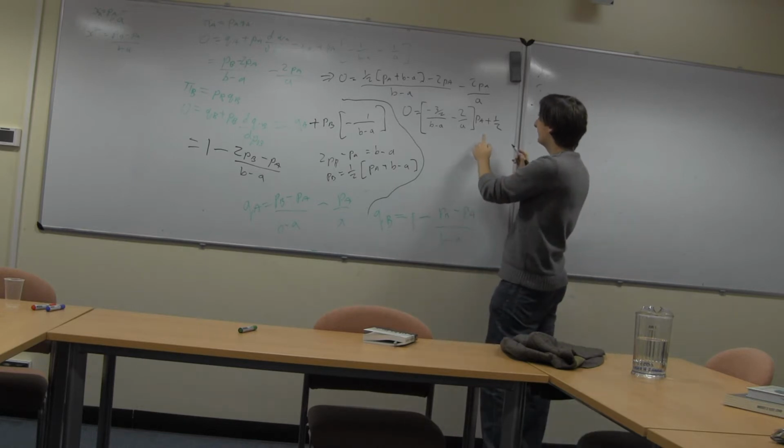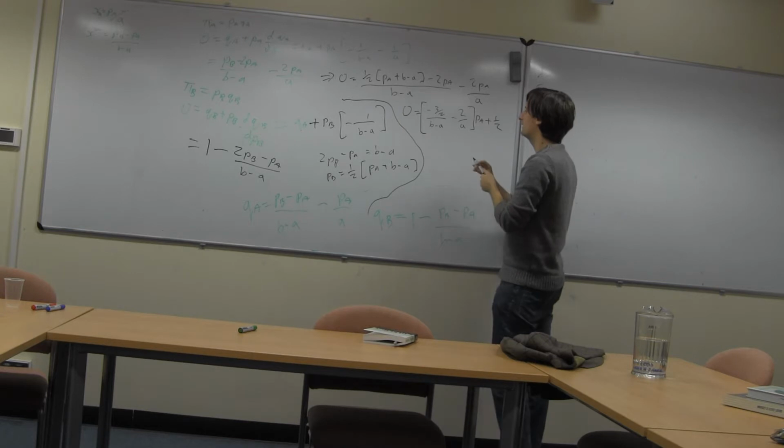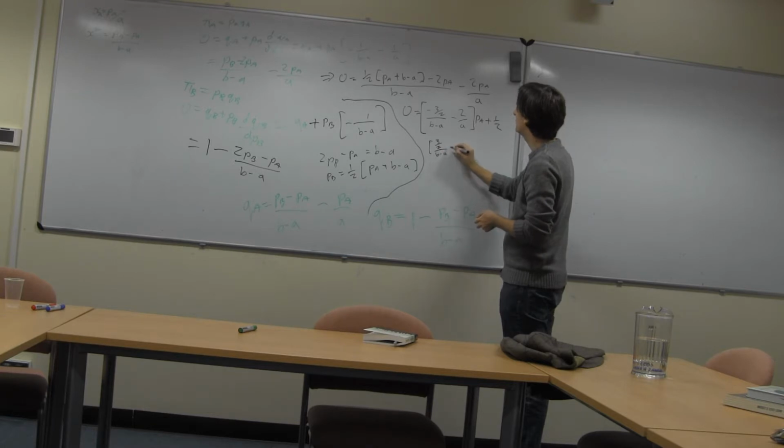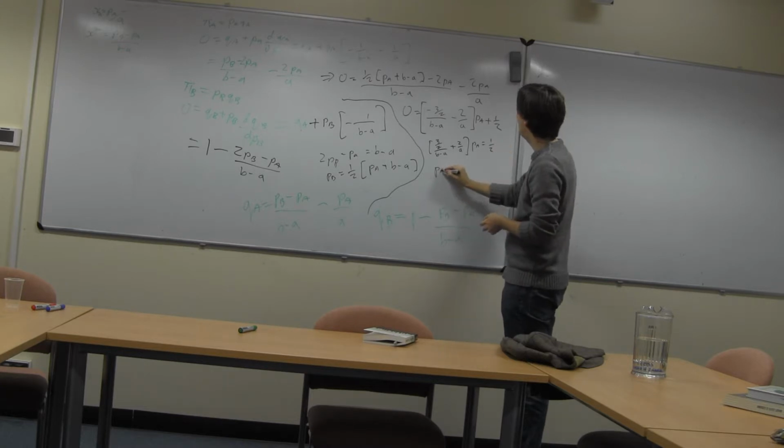So this thing is all negative. Let's take it across to the other side. So this is just 3 over 2 over b minus a plus 2 over a times PA is equal to half. So PA is equal to half over this thing.